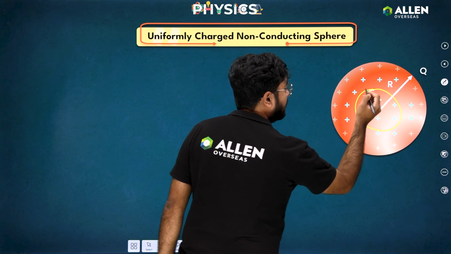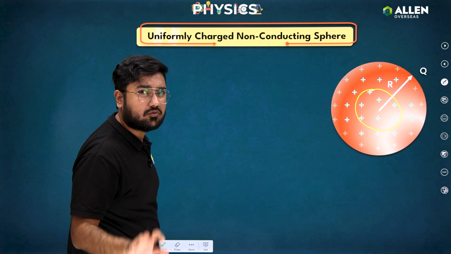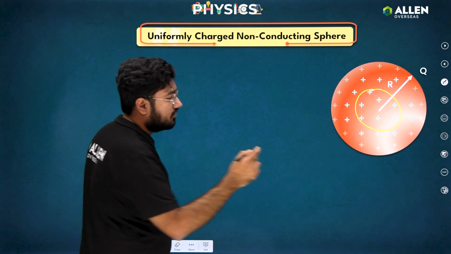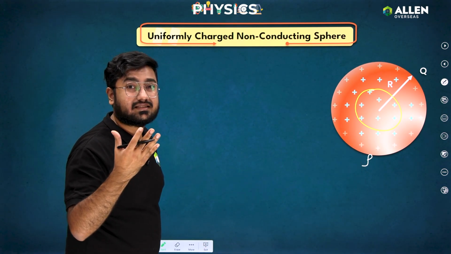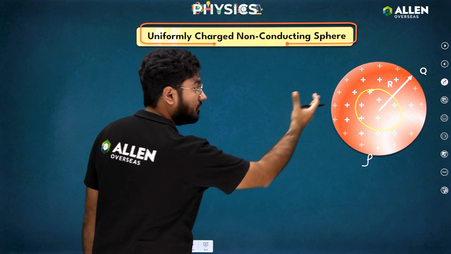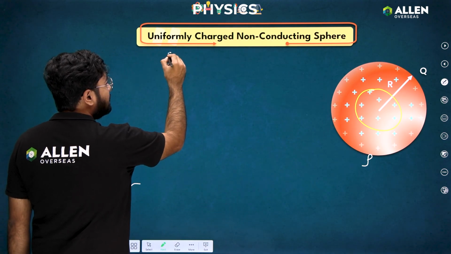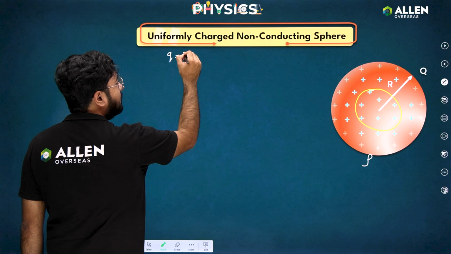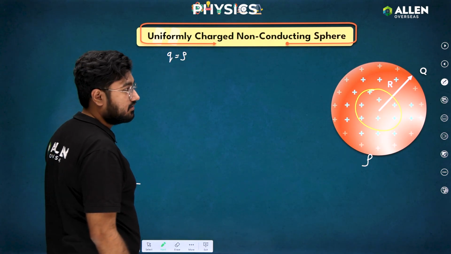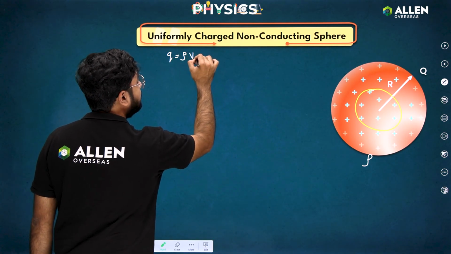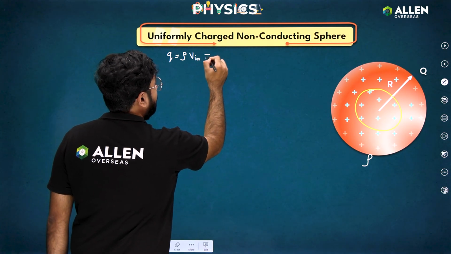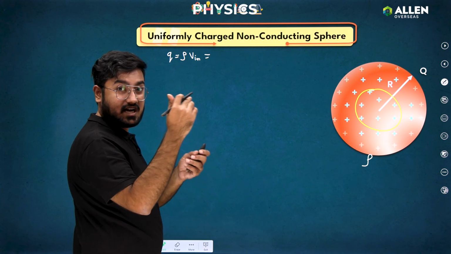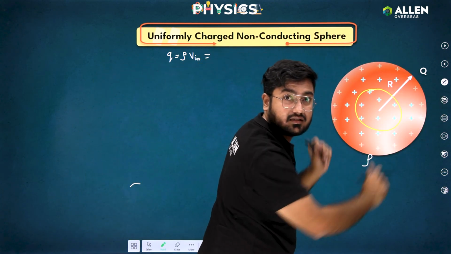Then first let us calculate how much. Suppose rho is the density, the charge density, the volume charge density of this sphere. So what will be the charge inside? That will be equal to rho times volume inside. Agreed? So what is rho? Rho is charge per unit volume for this complete sphere.